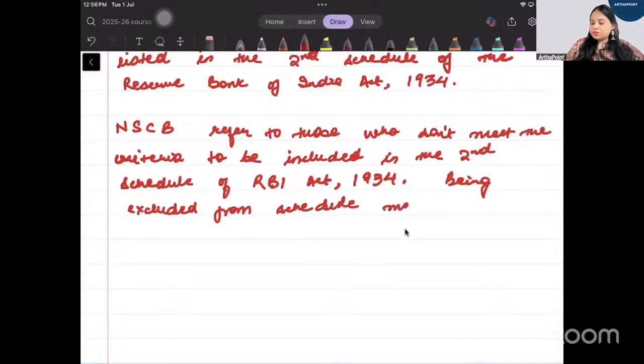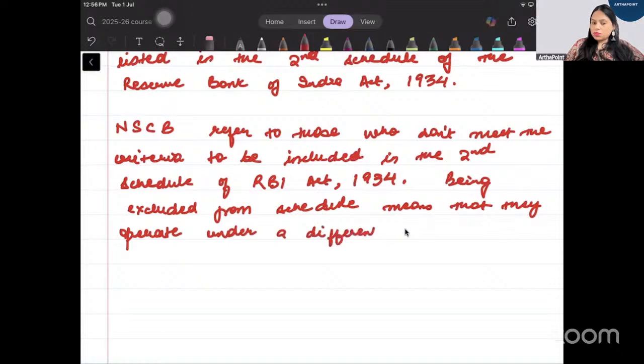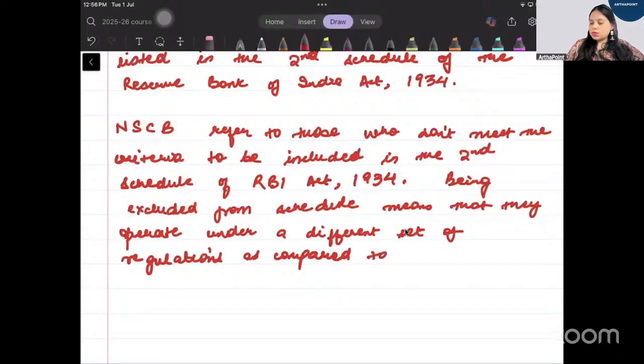Being excluded from schedule means that they operate under a different set of regulations as compared to scheduled commercial banks.